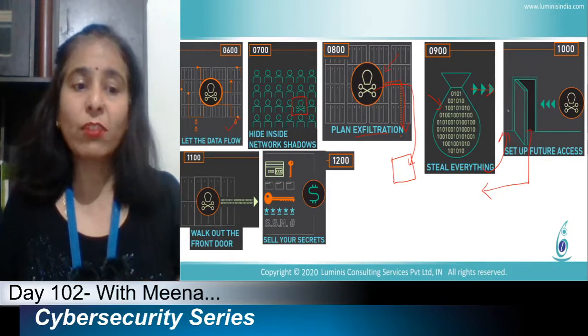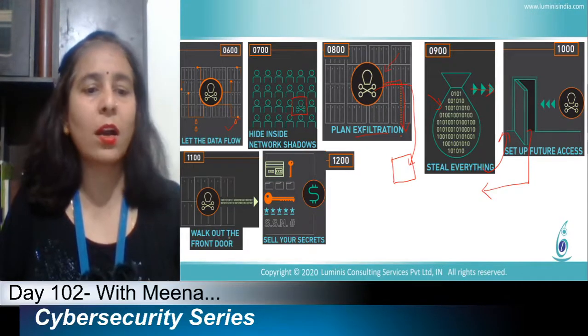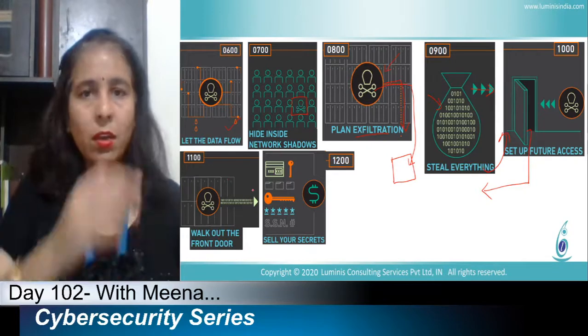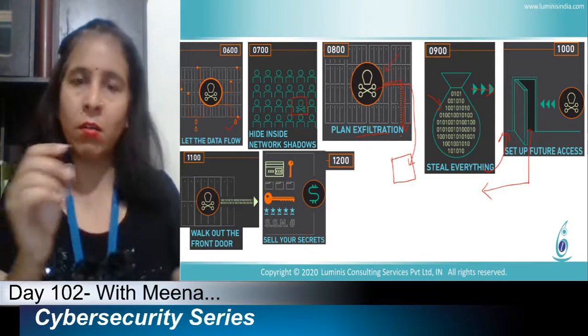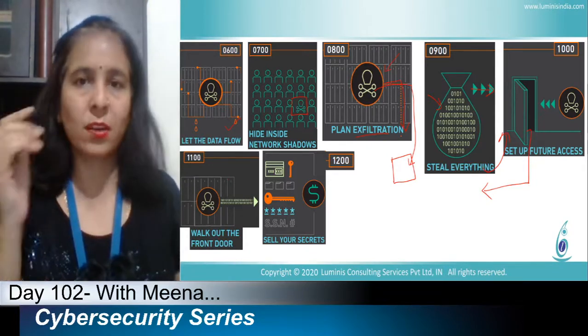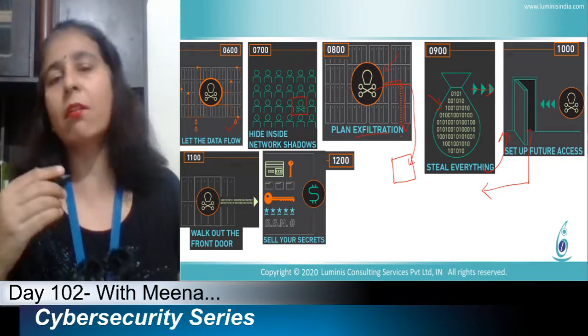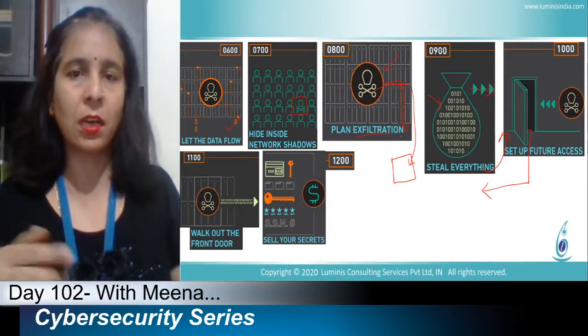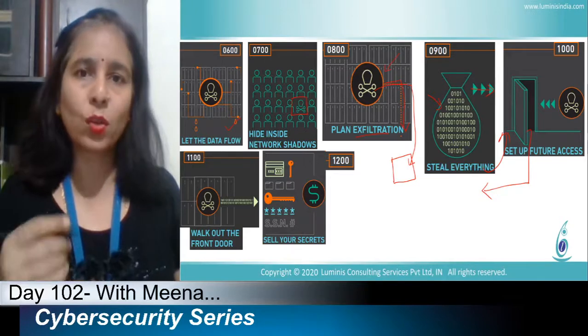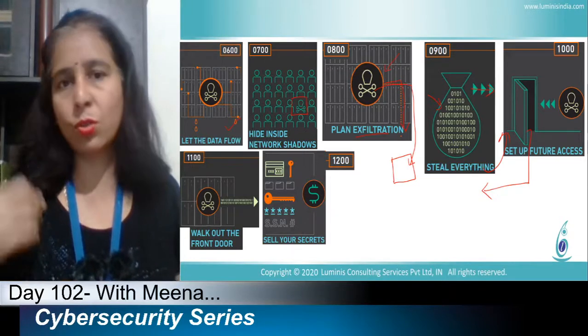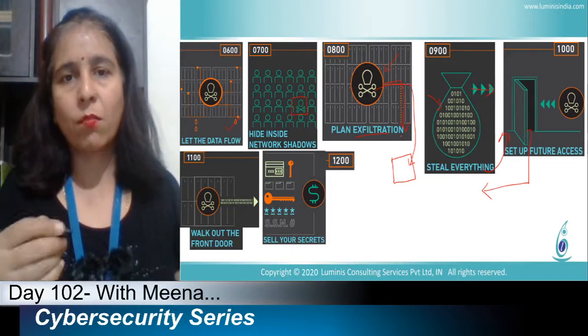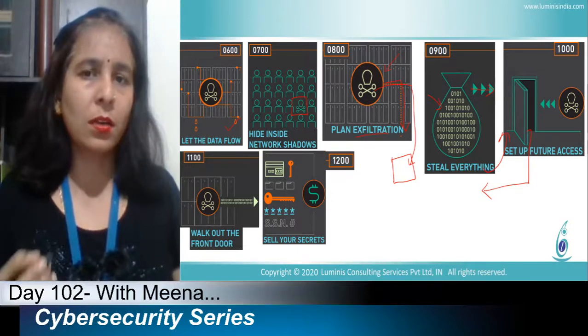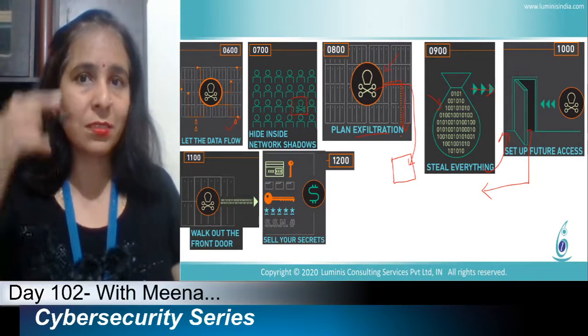Okay, and after doing this, they just walk out the front door. They will move away from that organization. For example, when we are accessing a server using logins, such as username and password, each and every device is generating some logs.